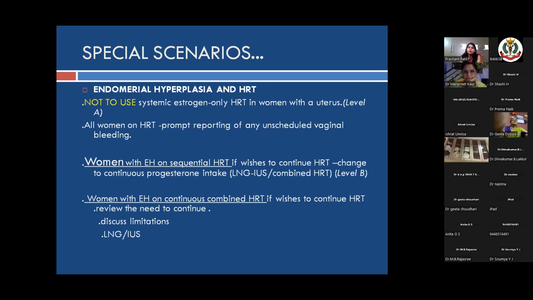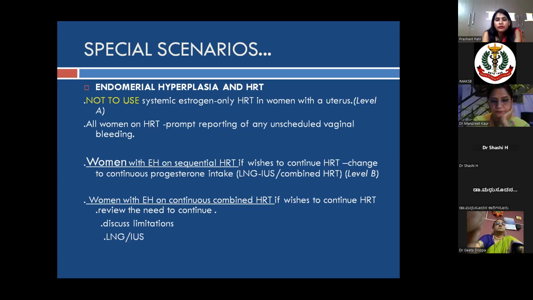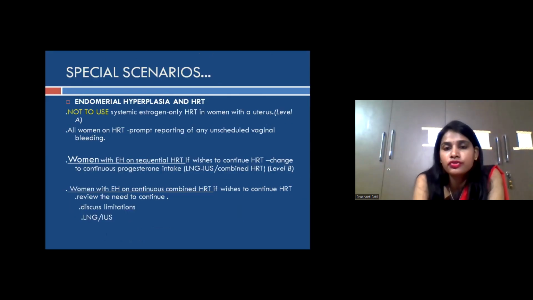Another scenario is endometrial hyperplasia when the woman is on hormone replacement therapy. We all know if a woman has an intact uterus, we should not give systemic estrogen-only hormone replacement therapy, and it always has to be a combined HRT. So we have to warn the woman on HRT to promptly report any unscheduled vaginal bleeding. If the woman is on sequential HRT and wishes to continue hormone replacement therapy, we have to ask her to change to continuous progesterone intake.